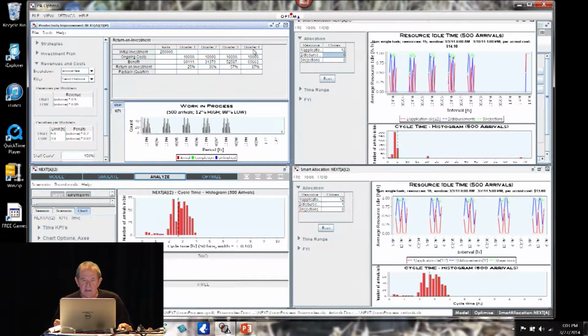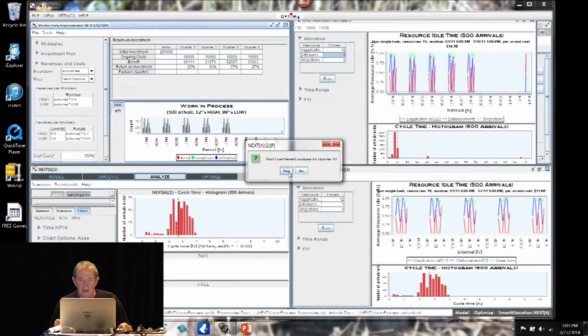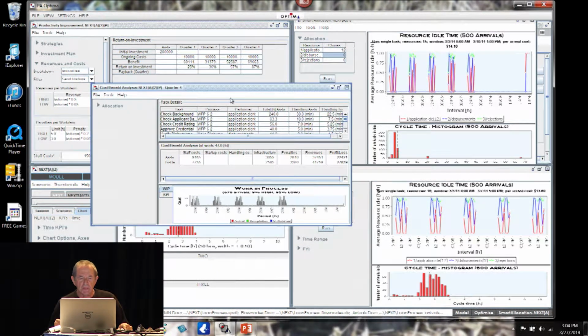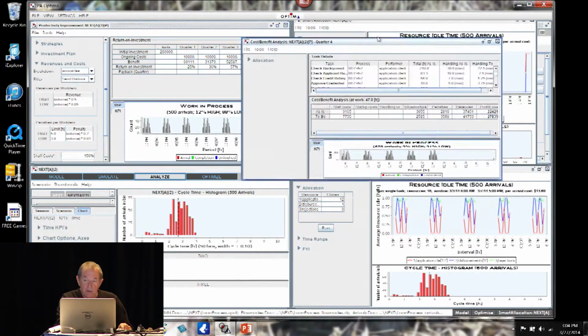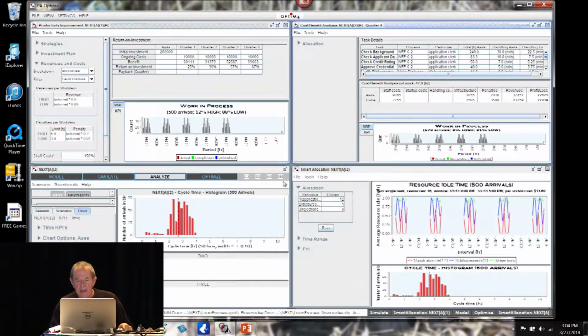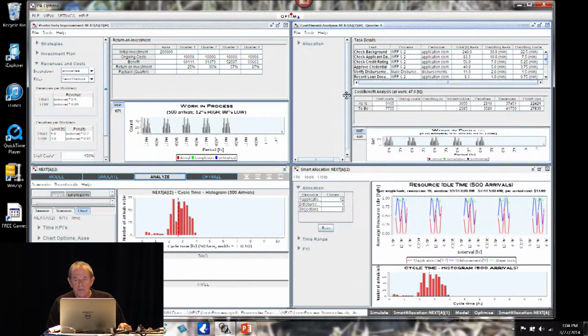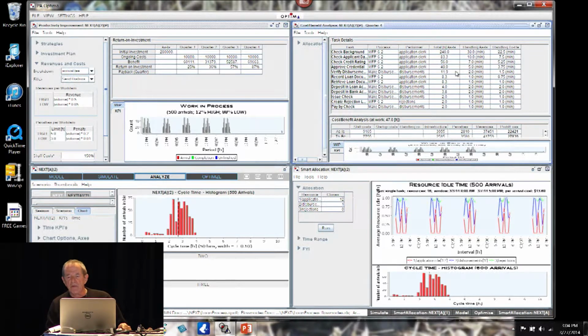We can look at this, and we can try to break down exactly what went wrong. We can look at the 4th quarter and do a detailed cost-benefit analysis for the 4th quarter. And we can see the effect that our strategy had on improving the handling time for the tasks.